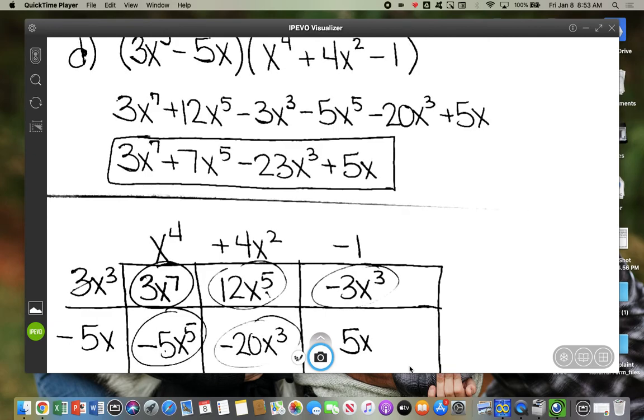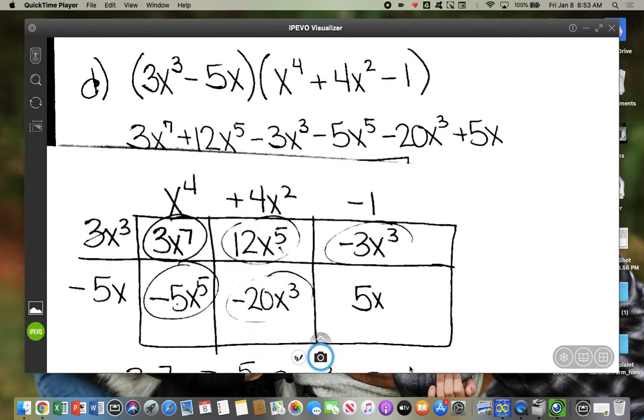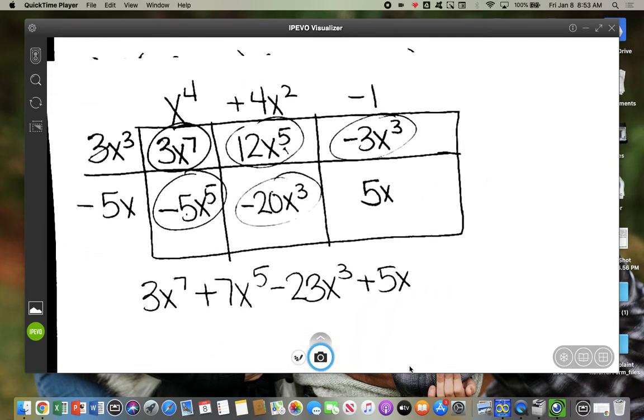It does take up a little bit more space, but sometimes people like having that visual that they can see each piece being multiplied and you know exactly where each number comes from. That's totally up to you. It's just an alternative way. If you're good with distributing and combining your like terms, go with it. I'm not saying you ever have to do this, but I just wanted to show you an alternative way to show your work.